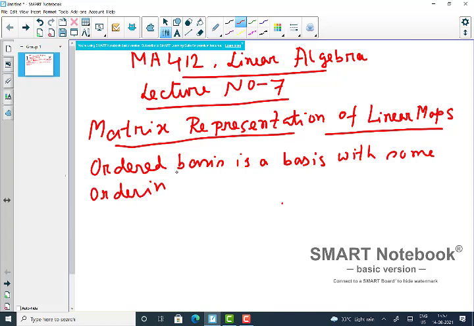So what do you mean by ordering? I should say an ordering on the basis vectors. So maybe I will give some example.